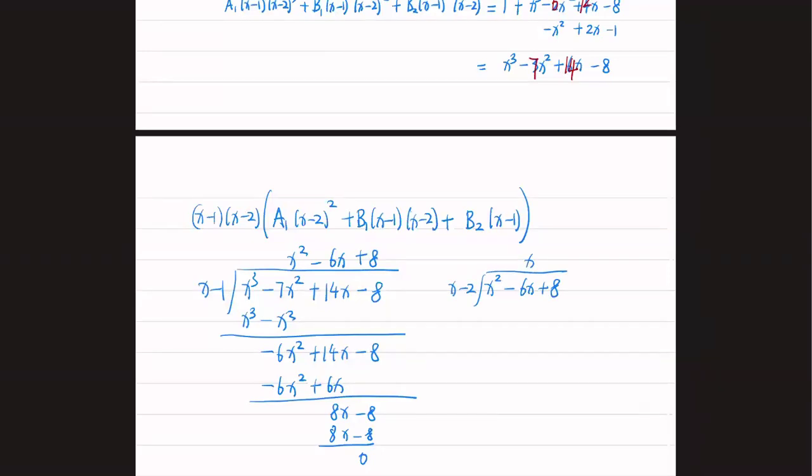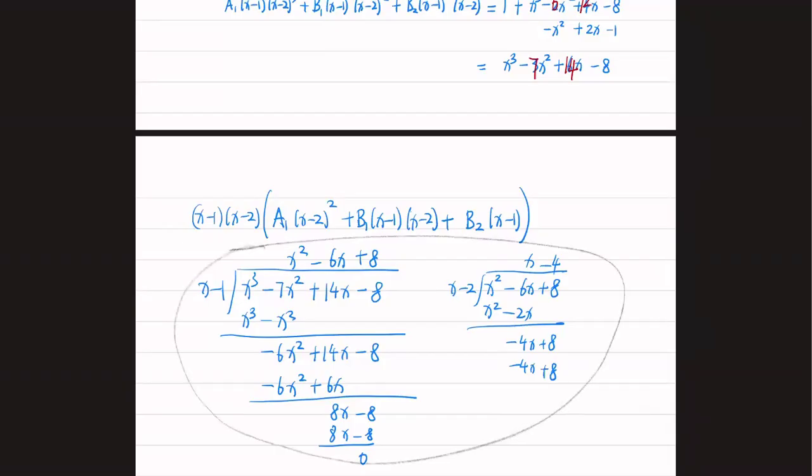X minus 4. Okay, so with this preparation, we have the decomposition: x minus 1, x minus 2, x minus 4.